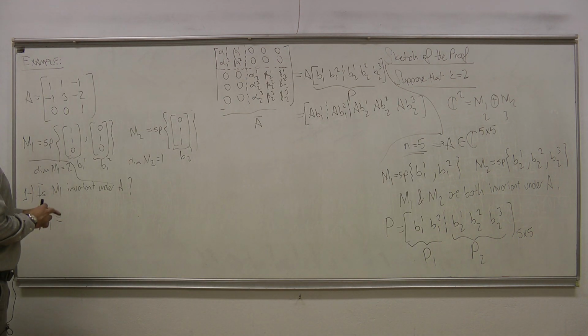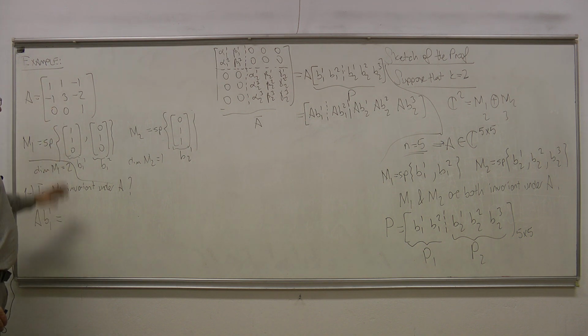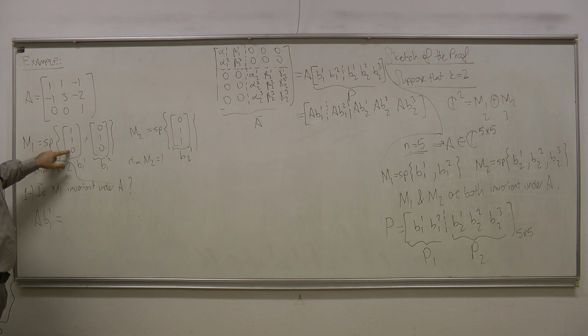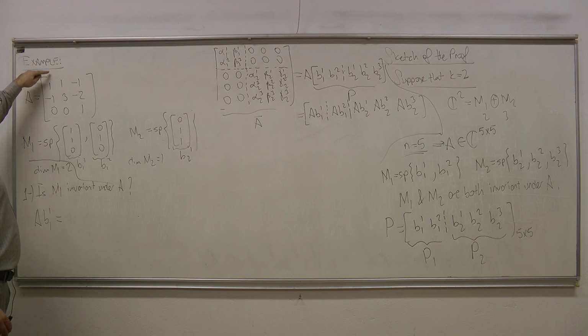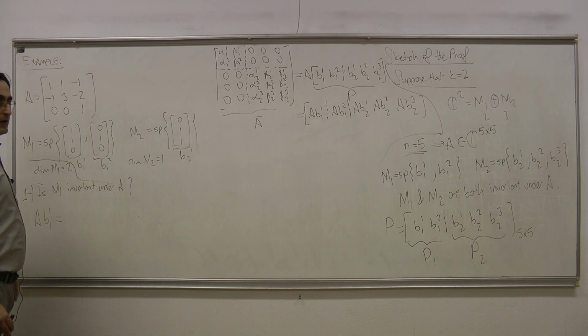A times B11, this matrix times (1, 1, 0). When you multiply a matrix with a column vector (1, 1, 0), that means that you need to multiply its first column with 1, the second column with 1, and the third column with 0, and then sum the resulting vectors.